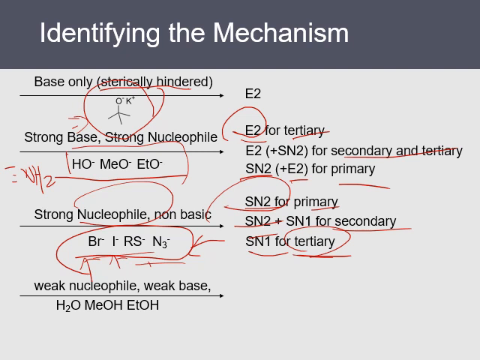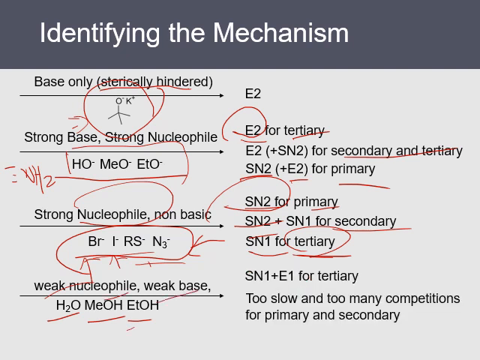Now, what if it's water, a neutral molecule? These are weak nucleophiles and weak bases. For this one, if the substrate is tertiary, then SN1 and E1 compete with each other. You can form an alkene, or you can form a substituted compound, by SN1 and E1 for tertiary.